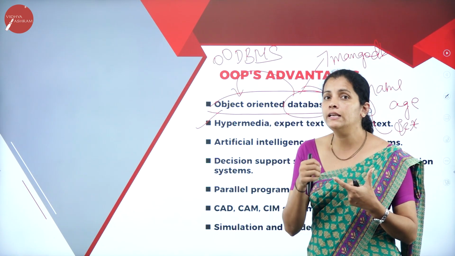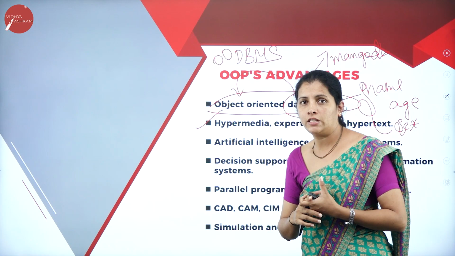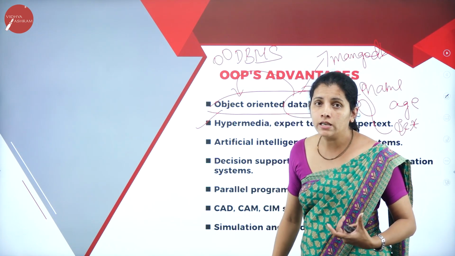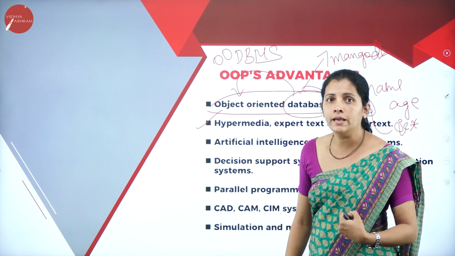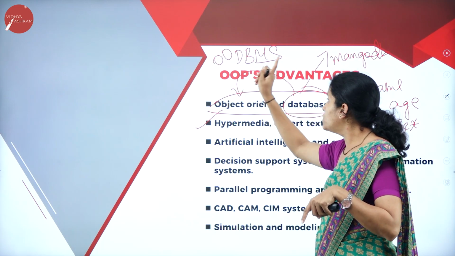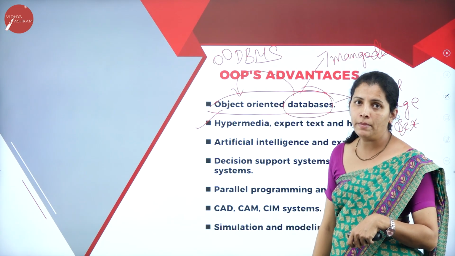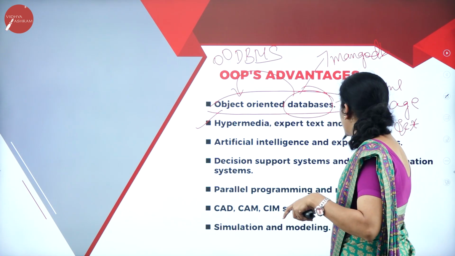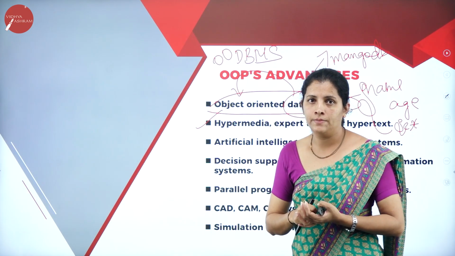Here HTML is nothing but hypertext markup language. And why do I require this language? In order to create and maintain a website. So by using the object-oriented concept, we can create hypermedia. Along with that, we can also add hypertext.